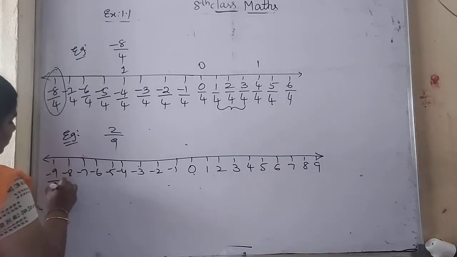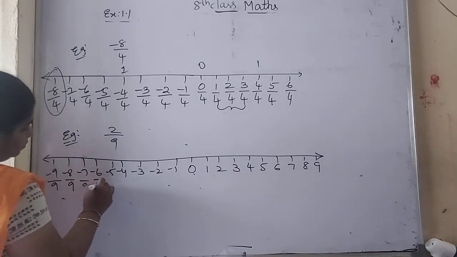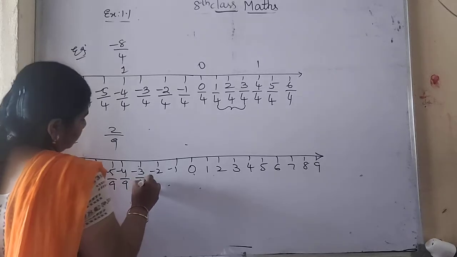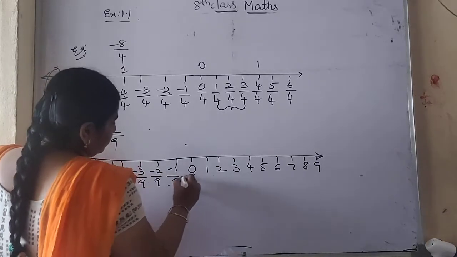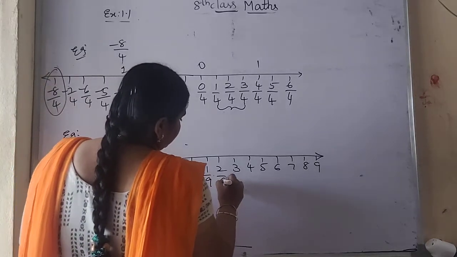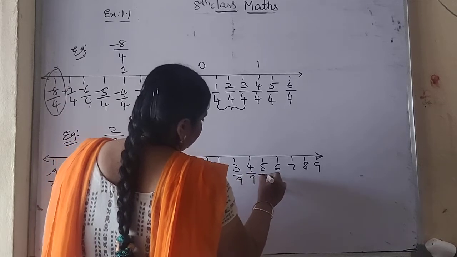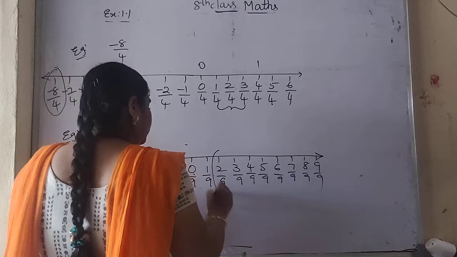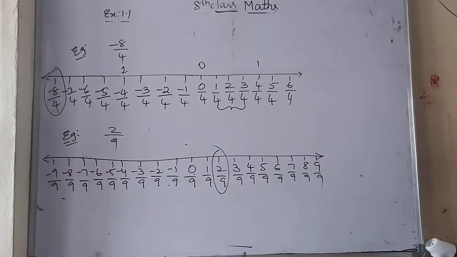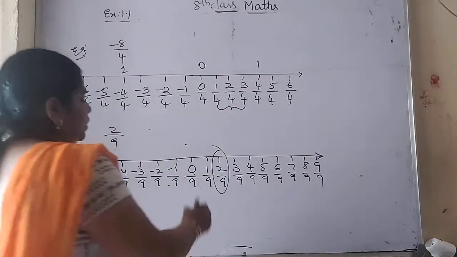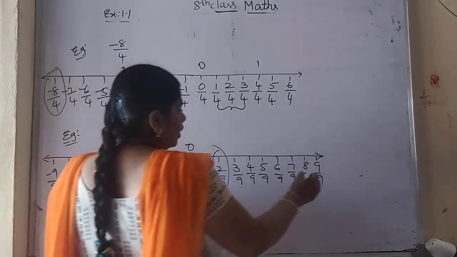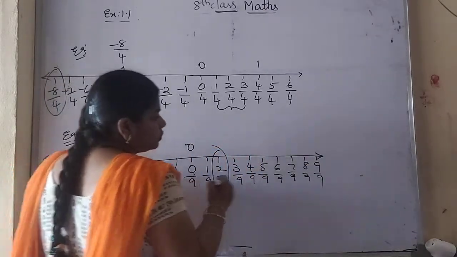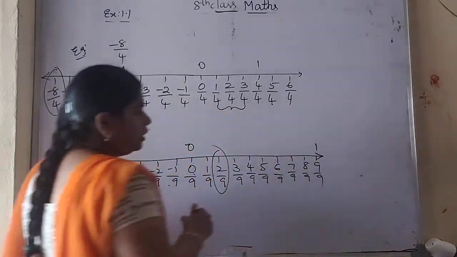So divide all the numbers with 9. So where is 2 by 9? You mark it first. This is 2 by 9. This is the representation. So if you see here, 0 by 9 is equal to 0 and 9 by 9 is equal to 1.